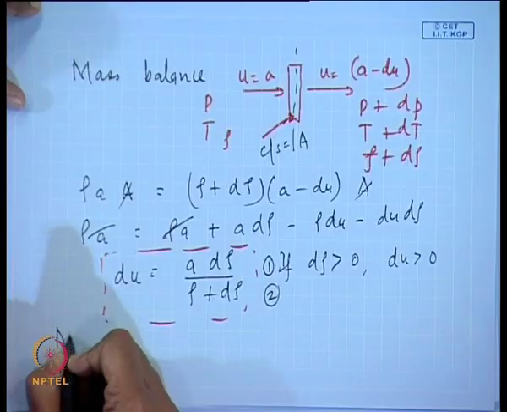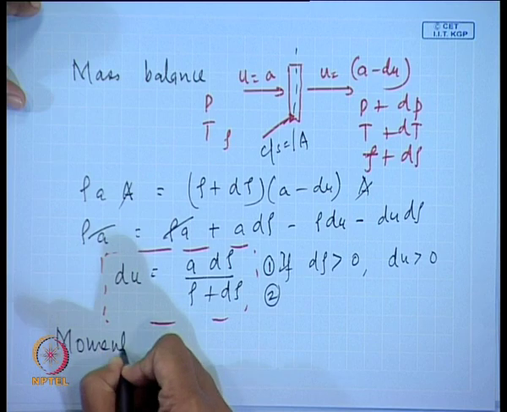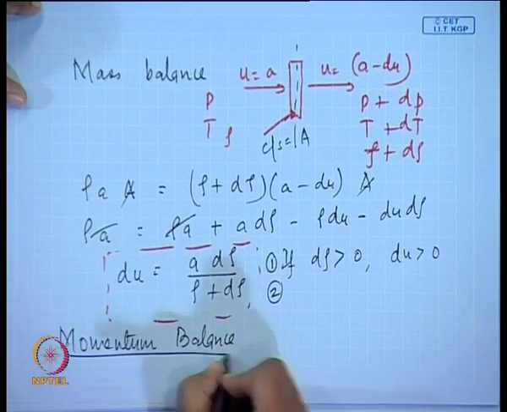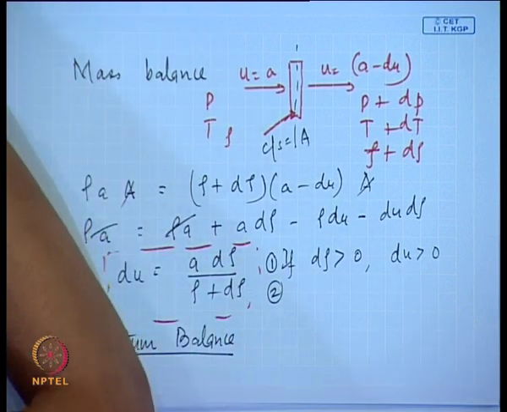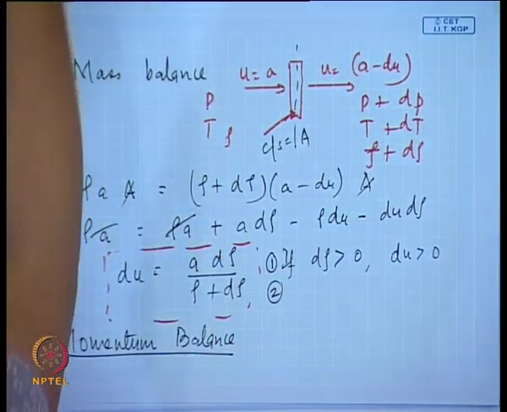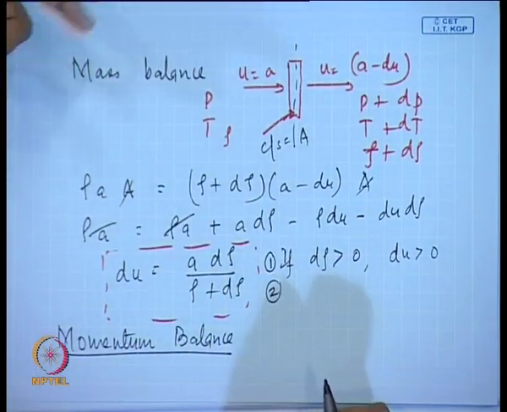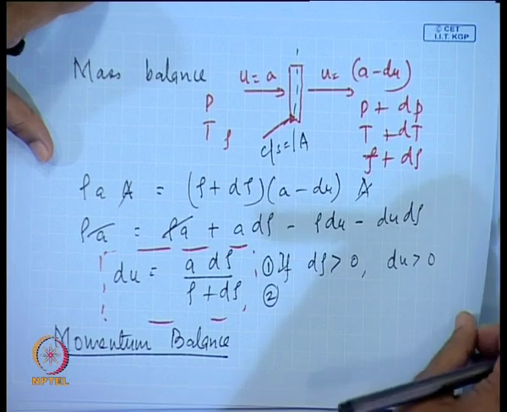Now, let us take up the momentum balance, and we can do it on this particular page as well. If we perform the momentum balance, what do we get? Momentum: force in minus force out equals the rate of accumulation of momentum.